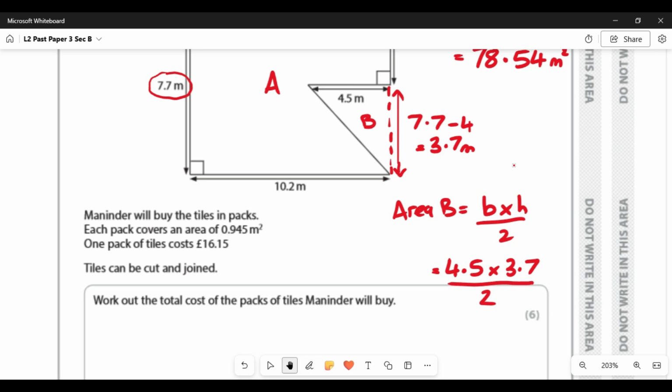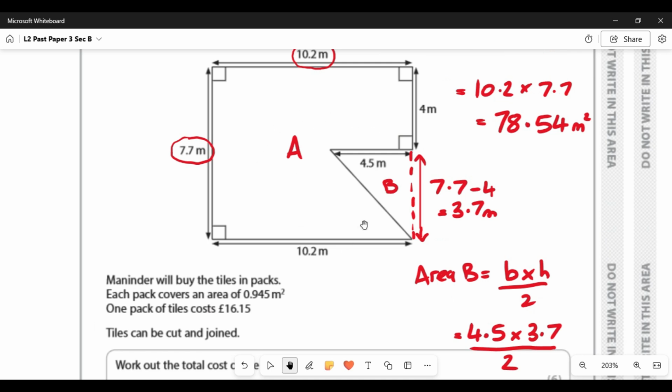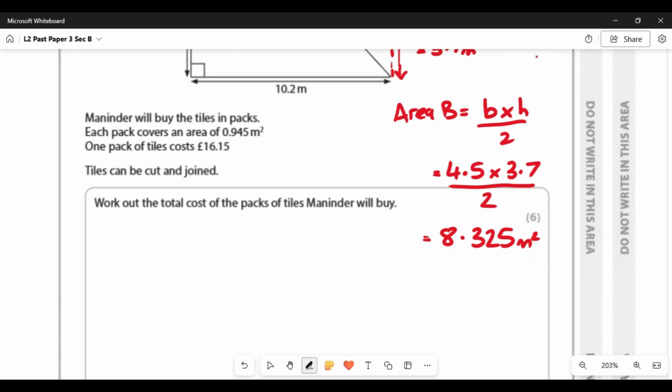So 4.5 times 3.7 divided by 2 gives me 8.325 meters squared. So that's the area we don't want. So now we can do total area inside of my shape, 78.54.